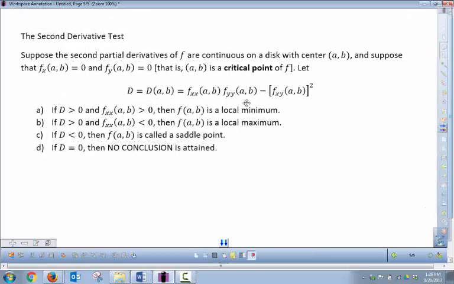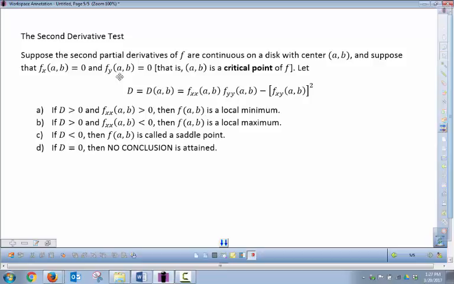What they have in the book doesn't address the idea that sometimes you might get your D to equal 0. So let's walk through this. Suppose the second partial derivatives of f are continuous in a disk, and suppose that fx at (a, b) and fy at (a, b) are equal to 0, so that (a, b) is a critical point.